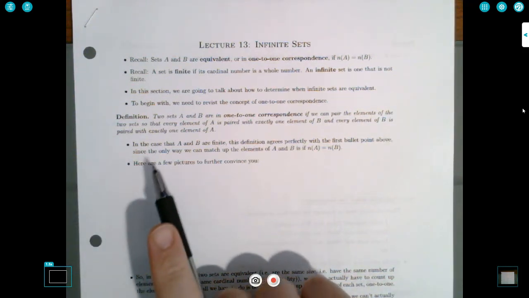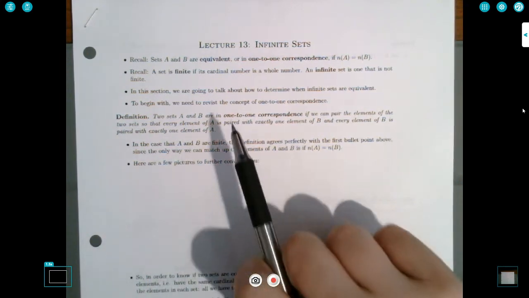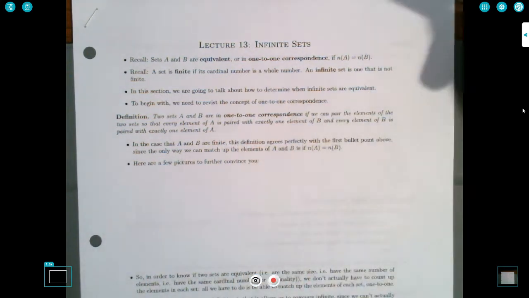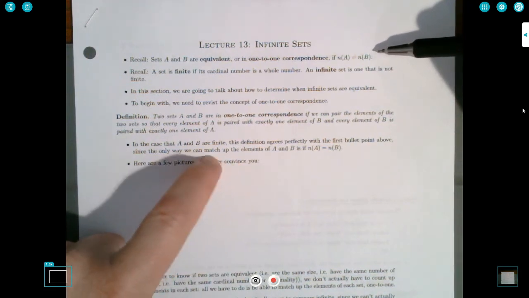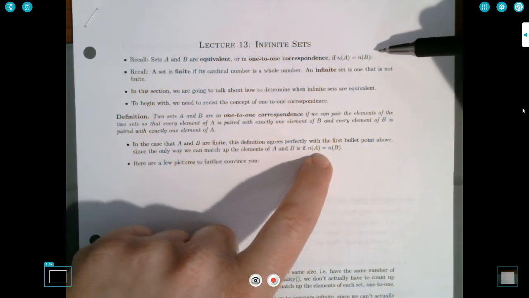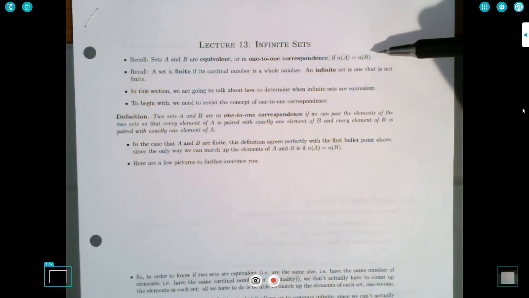And in the case that A and B are finite, this new definition agrees perfectly with this first bullet point, right? Since the only way that we would be able to match up the elements one by one is if the two sets had the same number of elements to begin with.